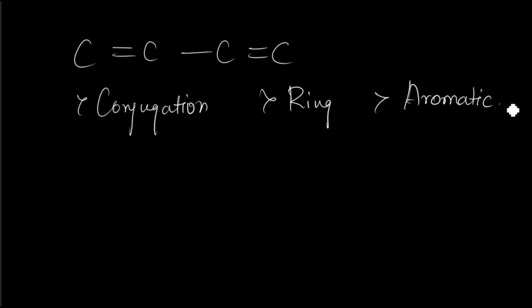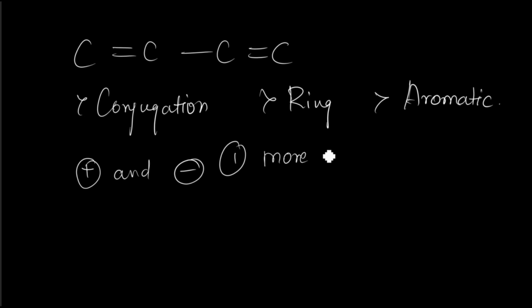Some questions can be asked like which of the following is more stable, given the plus and minus signs. In this type of question, please remember a few things. One is that the more the charges, the less stable it is; the stability decreases.